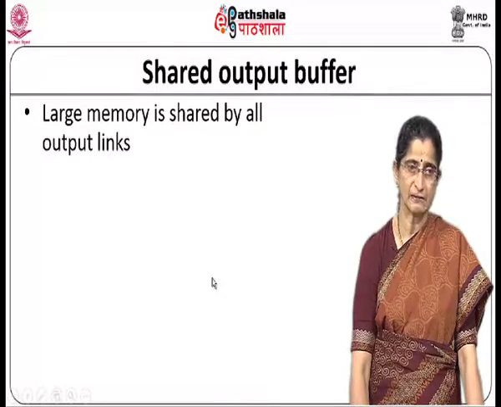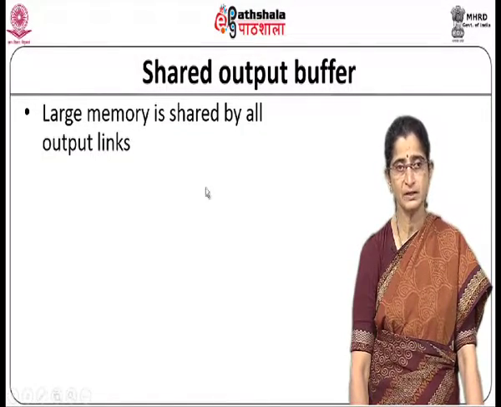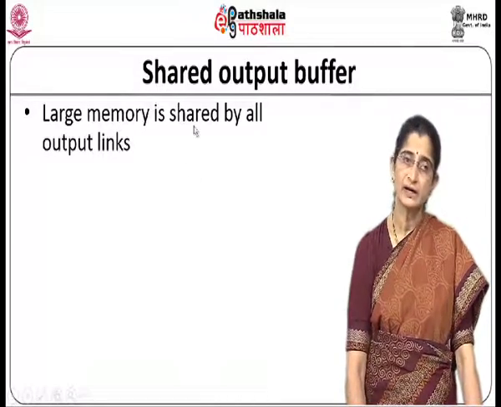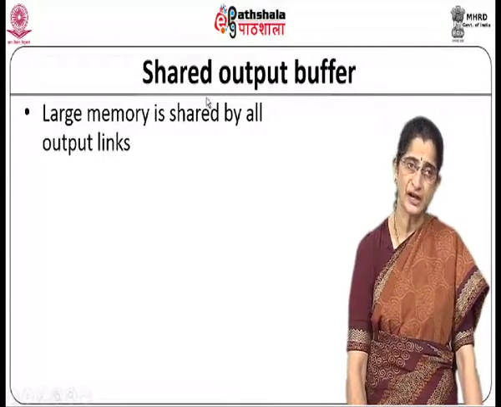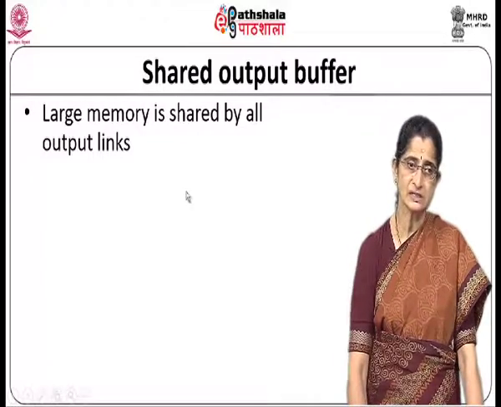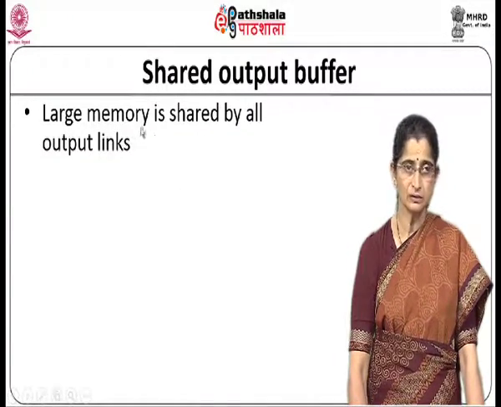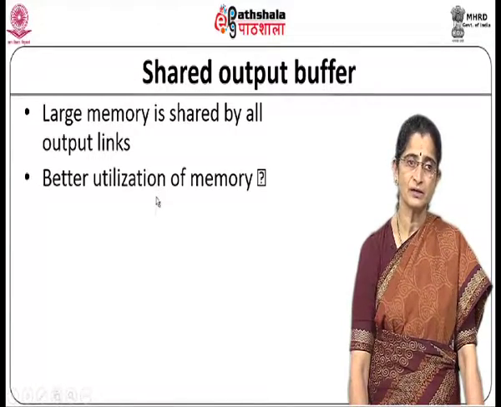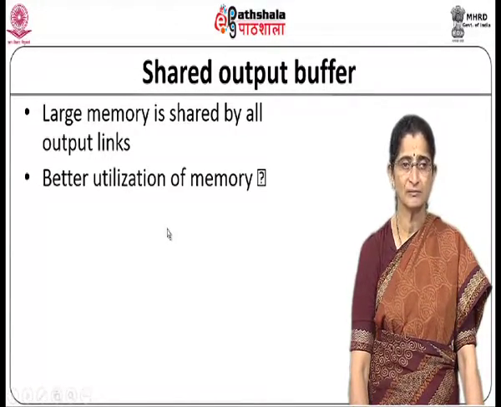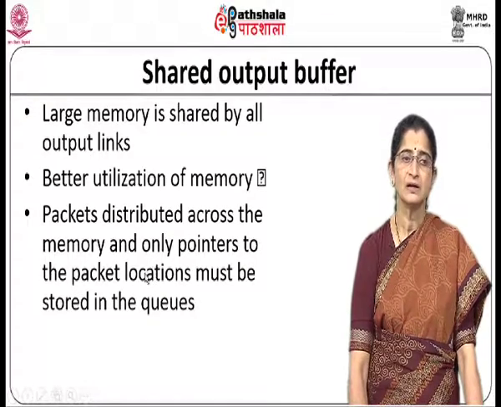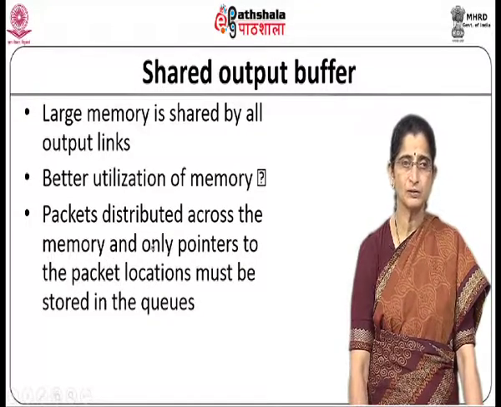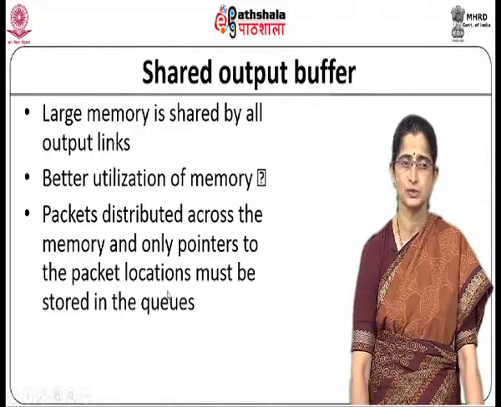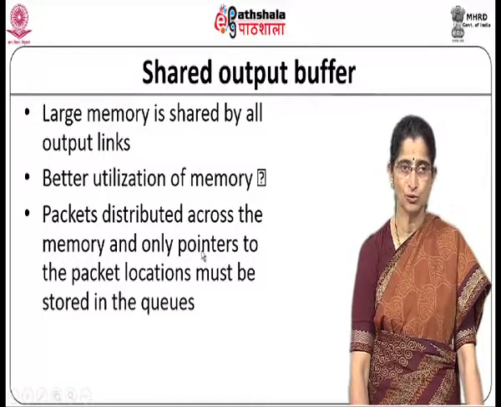Another option that we have when we talk about this kind of buffering is, so here we talked about a buffer that is maintained for each output. Another option is what is called the shared output buffer. So, in this case there is a common or a large memory which is shared by all the output links. One of the advantages here is that you will have better utilization of memory, and the packets will be distributed across memory, and only the pointers to the packet locations must be stored in the queues, because in the queues you do not really need to store the data.